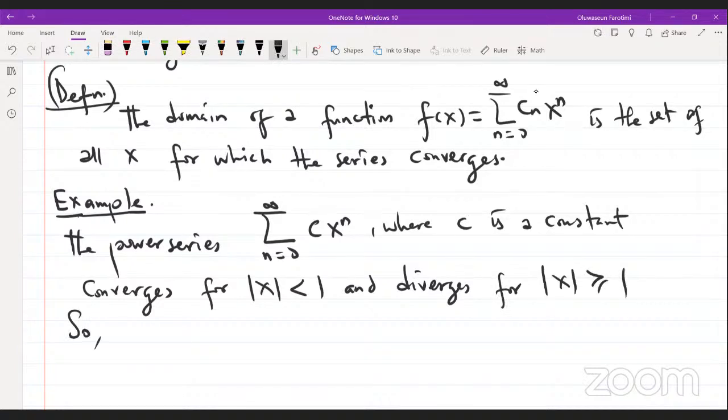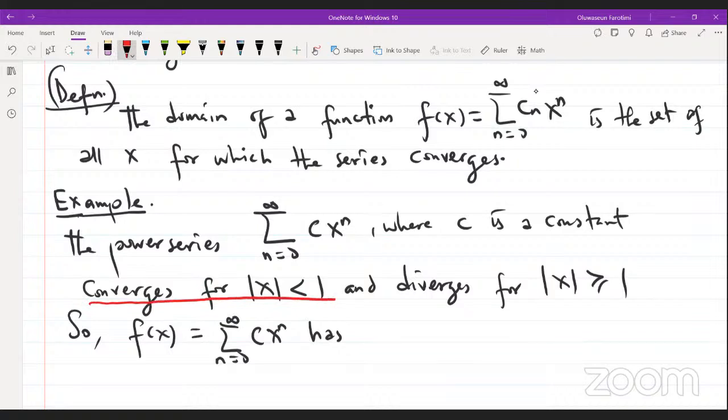Now, what do we know? My f of x, remember I can write my power series as a function, so this is c x to the n. Now, what is the domain? We said the domain is the set of values of x for which it converges, and here we already have a statement that it converges for the absolute value of x less than 1. So this is the domain.